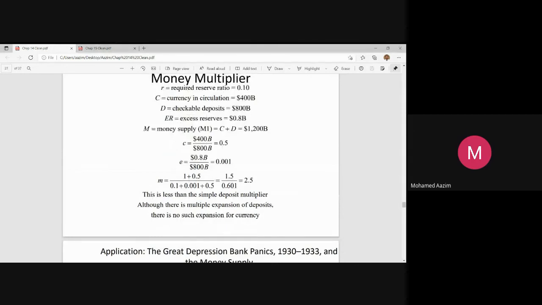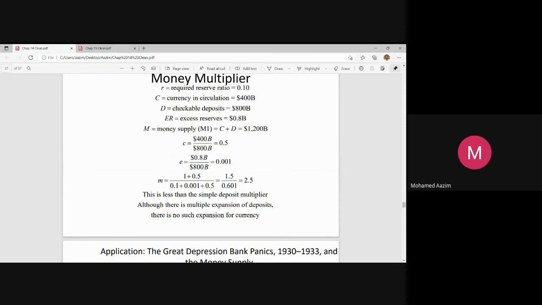So you see here, the money multiplier, we are trying to get into an intuitive example to elaborate, discuss the equation and what we derived there.